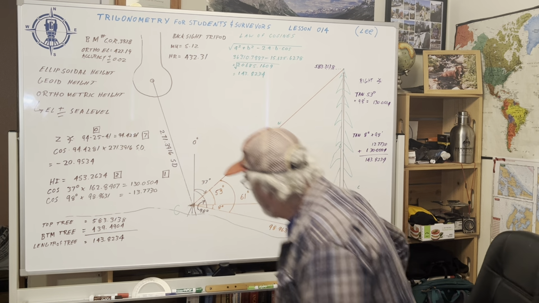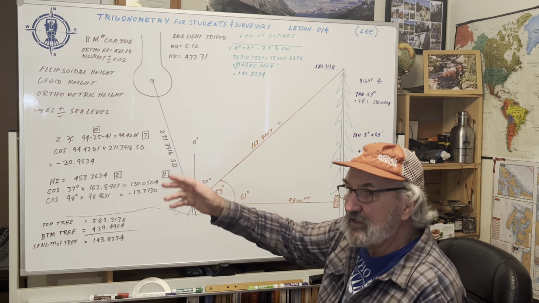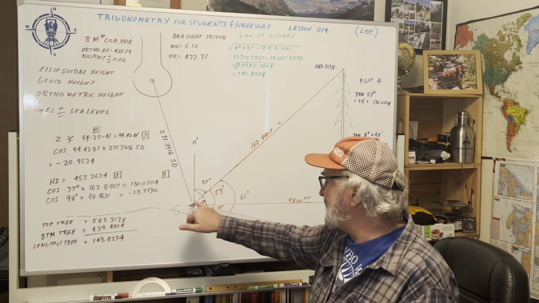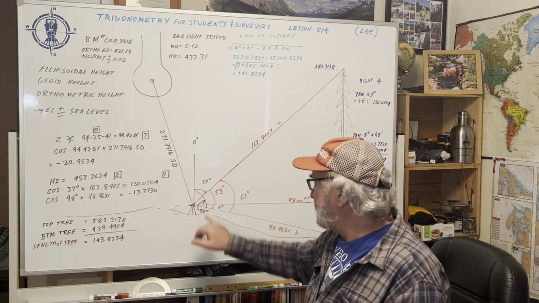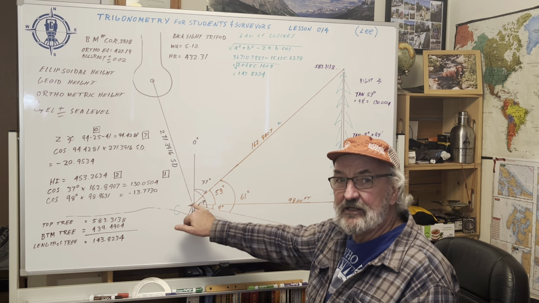So let me take a few minutes here. If you're driving around and you see a surveyor set up with their gun and their stuff, and they're shooting, that gun already has a height on it.